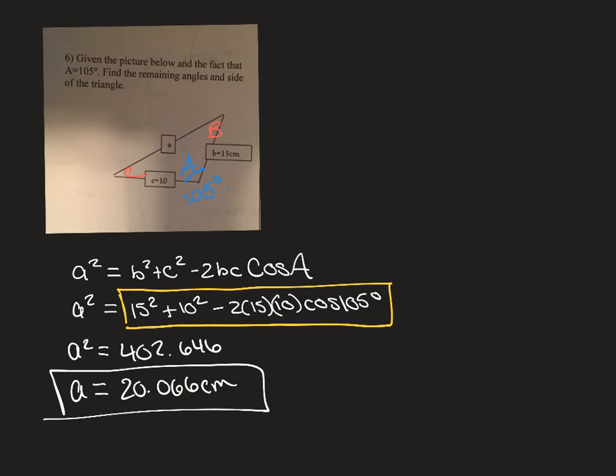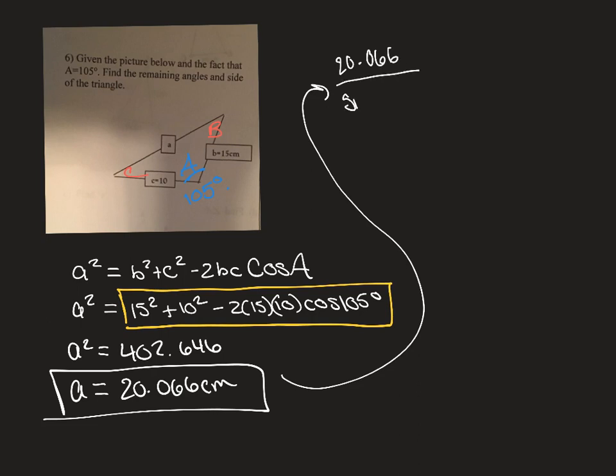So again, I'm going to go back. I'm going to do my law of sines. So I know that side A is 20.066 over sine of 105 degrees. And I'm going to do B, because I do think it's in alphabetical order, over B. B has a number.